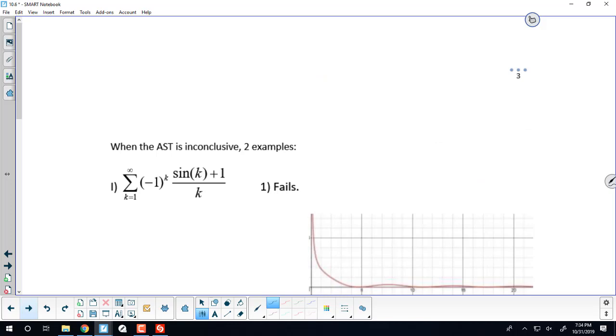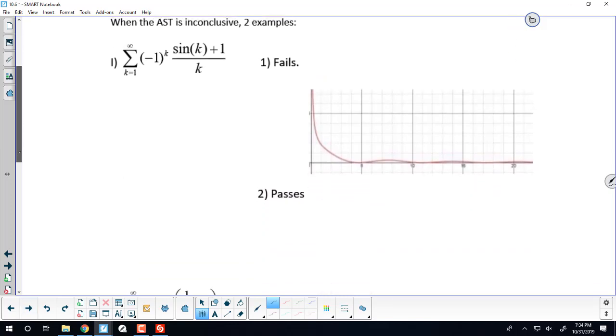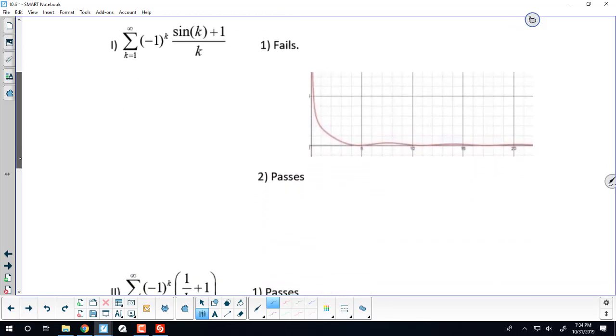All right, so here's when the alternating series test is inconclusive. 2 examples. The first example fails the condition where a sub k plus 1 is less than or equal to a sub k, because we have the oscillations. So like this term is less than this term, but this term isn't less than this term.